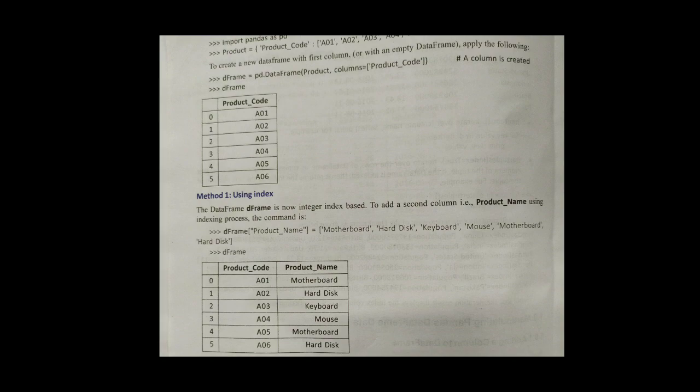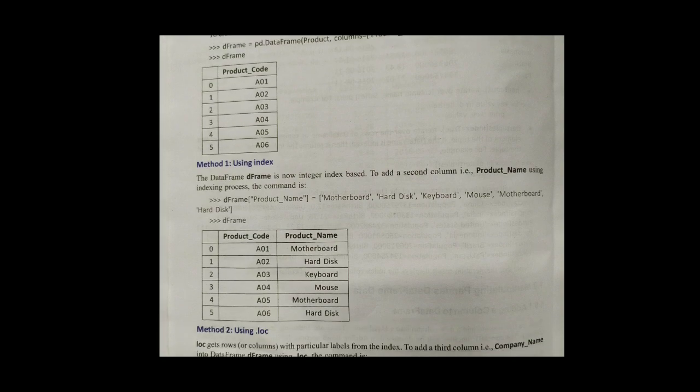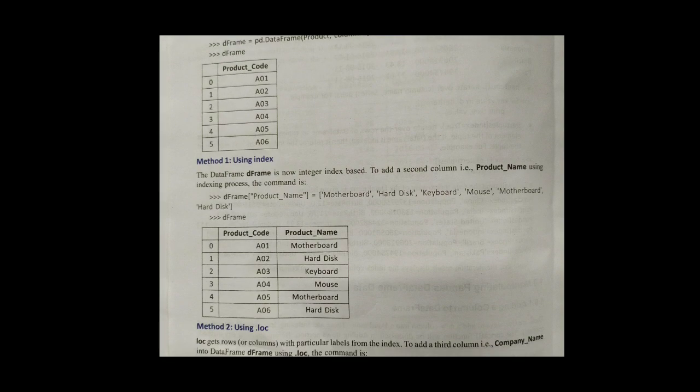So how to add it? df['product name'] equals motherboard, and the provided values such as hard disk, keyboard, mouse, motherboard, and hard disk. Now that particular column gets assigned to the data frame df which we have already created, and when you print that df, it will display two columns. One is product code, the second one is product name.